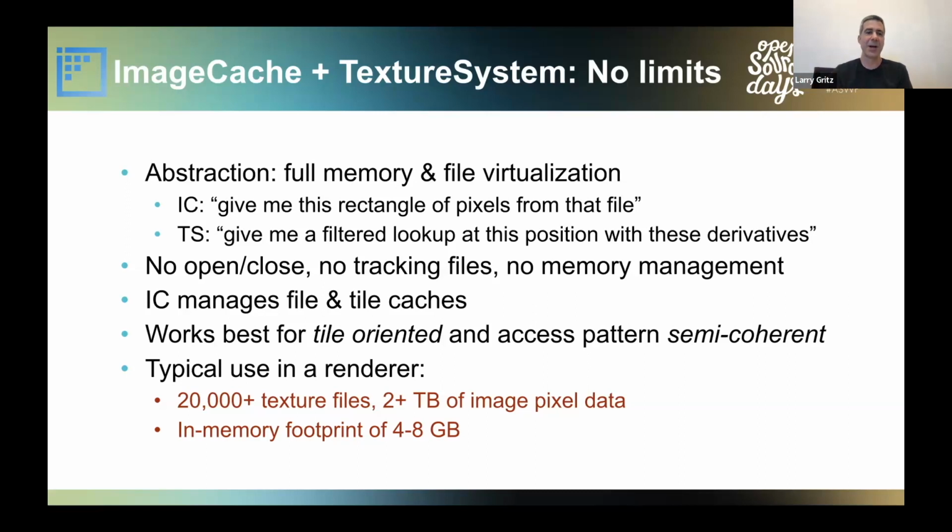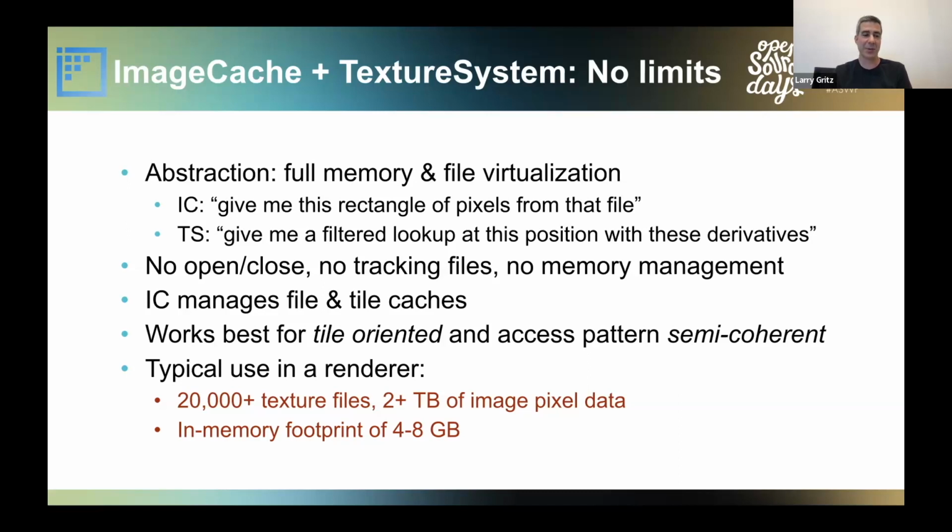So the typical application of this is in a renderer. And just to give an idea of the scalability of this, we regularly render scenes where each frame references 20,000 or more different texture files on disk, totaling in the terabytes of total pixel image data.